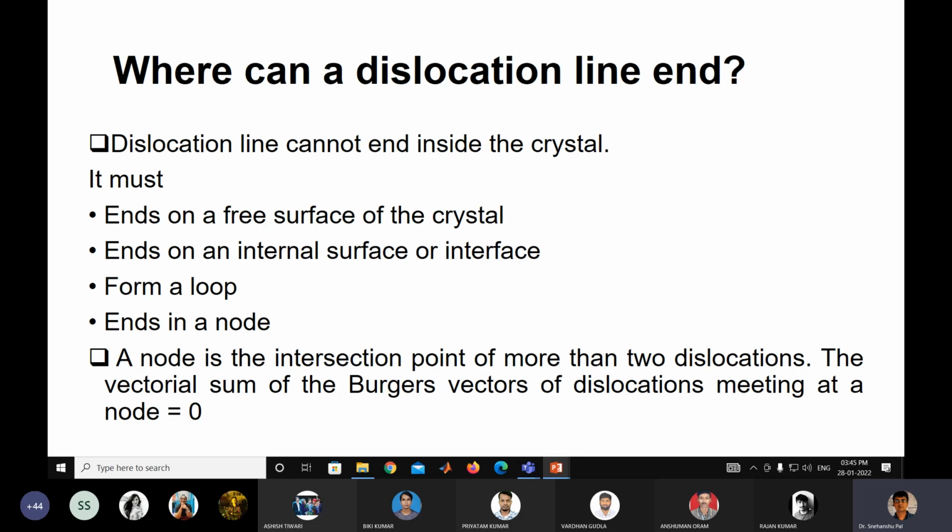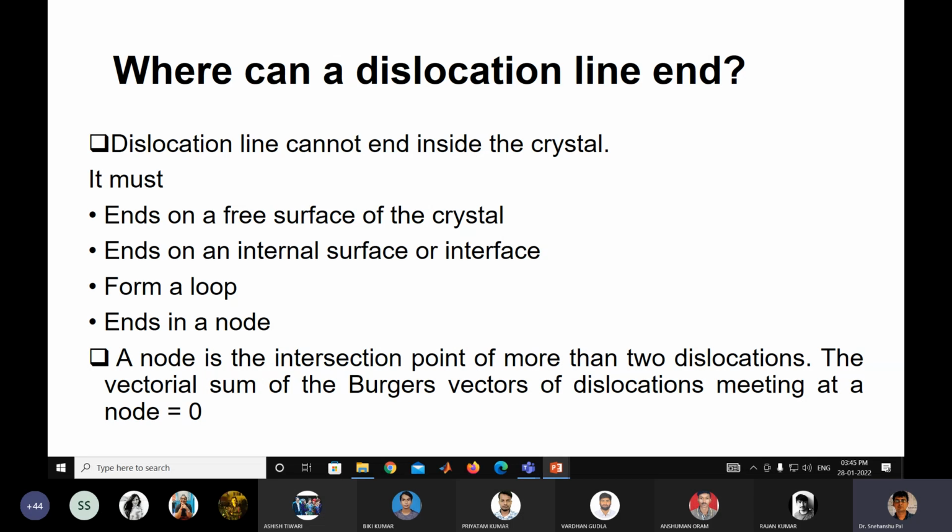That may be a surface, or the surface of a crack present inside the crystal. So it ends on an internal surface or interface, or forms a closed loop. So I told that a dislocation can close and form a loop, but a dislocation cannot end abruptly inside the crystal, except at a particular node.